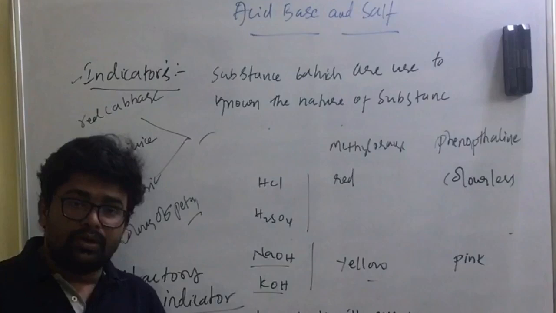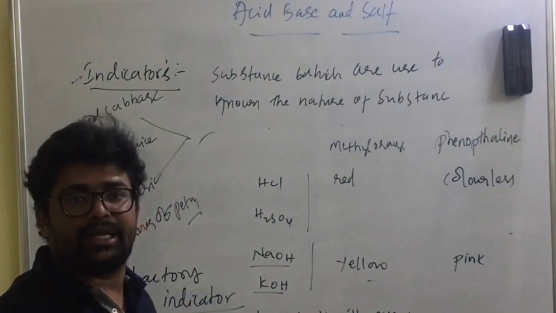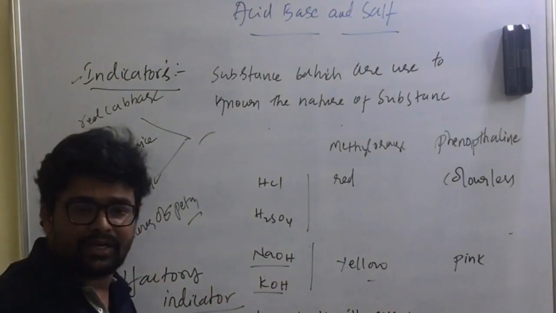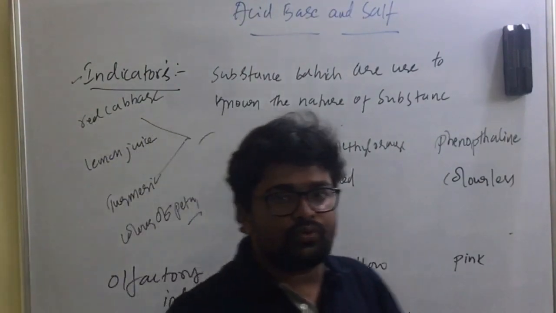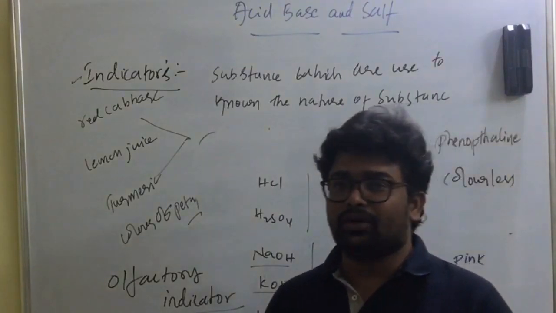If they change their smell in acidic or basic medium, those types of indicators we call olfactory indicators. These are the examples of olfactory indicators. So with the help of these indicators, we can identify the nature of substance as acidic or basic.